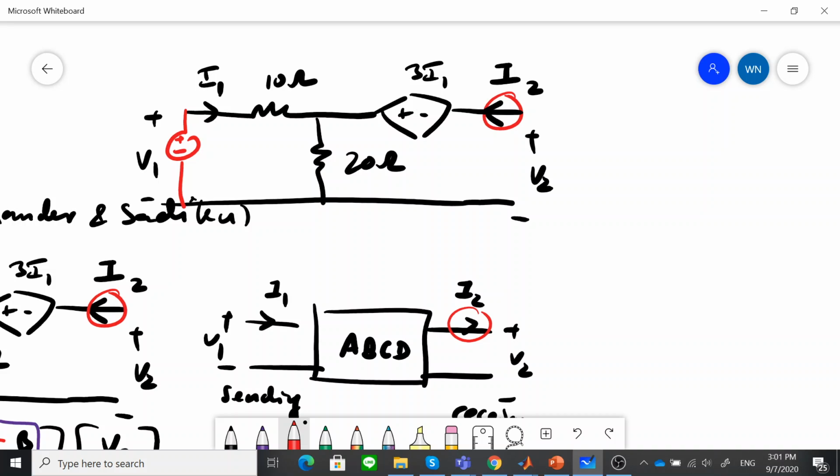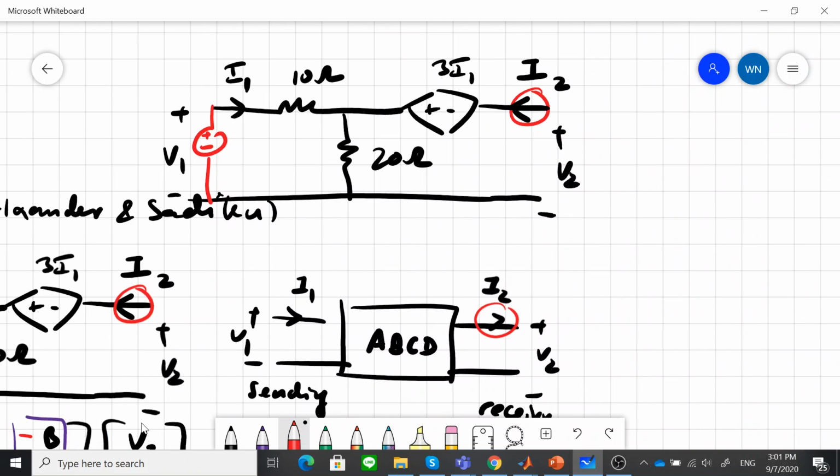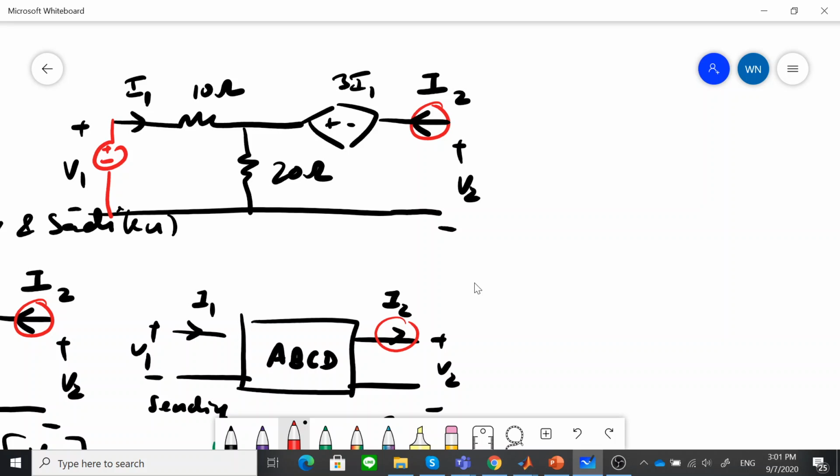We want to find the ratio between V and I. In this case, to find A, we want the ratio between V1 and V2. Since there is an open circuit right here, the current I1 is flowing this way, and I2 becomes 0.